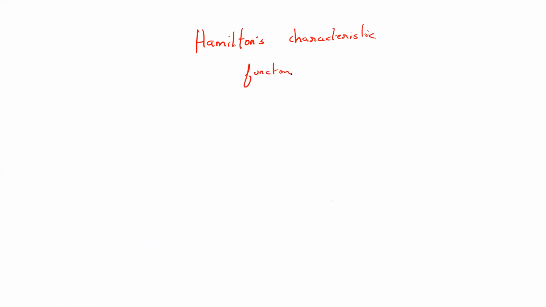So we had said that we started out with the Hamilton's principal function, which was of course a function of q's. This was the generating function for the Hamilton-Jacobi theory.